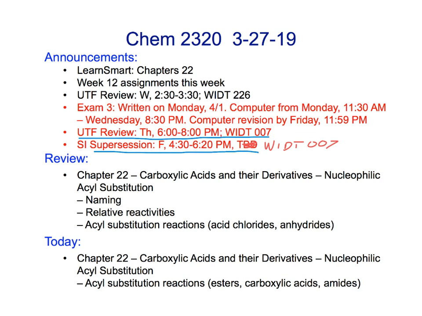We are in the middle of learning about nucleophilic acyl substitution reactions of carboxylic acid derivatives. We've learned how to name all of those derivatives. We talked about their relative reactivities, and we started through some reactions of the most reactive of those functional groups. We looked at reactions of acid chlorides and of anhydrides.